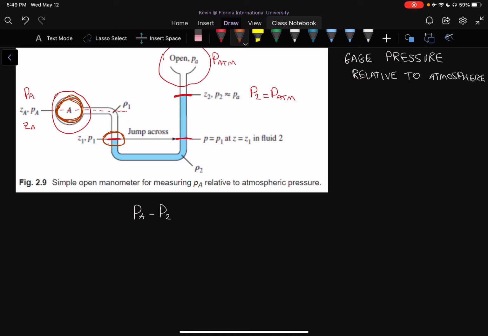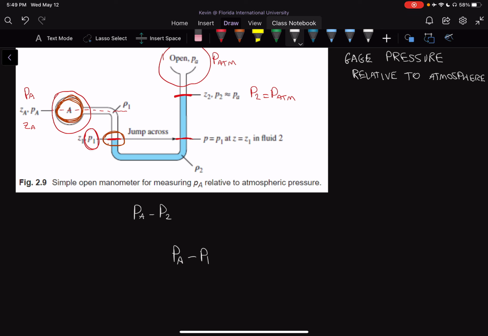So the first thing we're going to say is that pressure at A and pressure at point 1, labeled as pressure 1, are different, and we can calculate how they are different by the equation that we derived earlier.